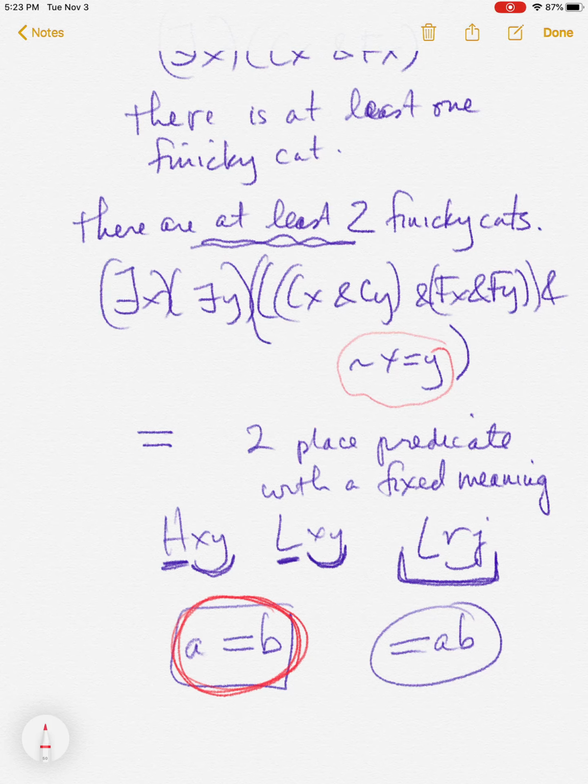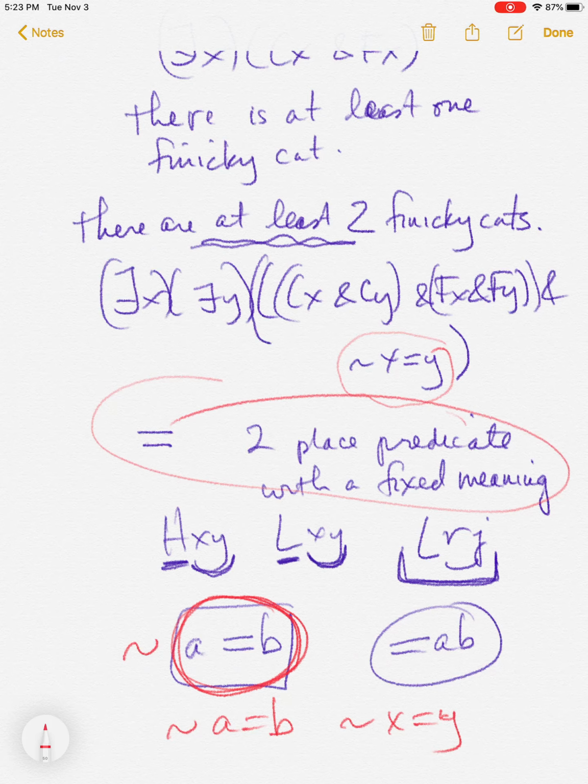And so we can stick a negation sign in front of it. So this is a well-formed formula of PL with identity. So we keep PL with identity. It's just PL, the only thing we're changing is we're adding this two-place predicate whose meaning we already know.